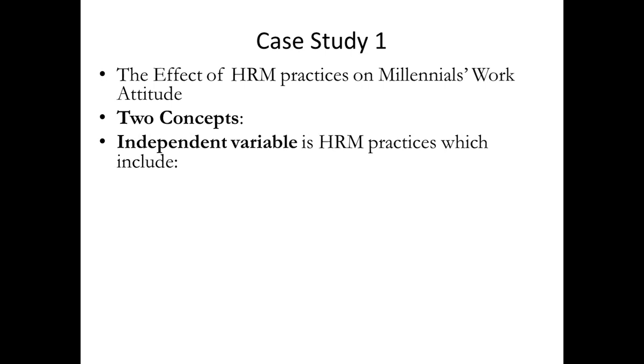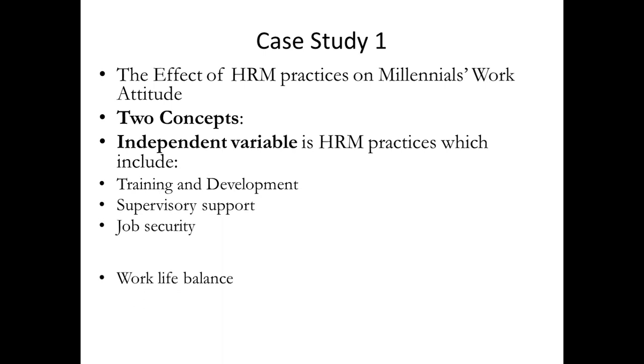There are so many of them, but let me just list four of them for us. Training and development is one way to measure HRM management practice. The training and development programs of that organization are very critical. It's one of them. The other ones are supervisory support, job security, work-life balance. These are four ways that I've listed, even though the literature will show you several ways of HRM management practices.